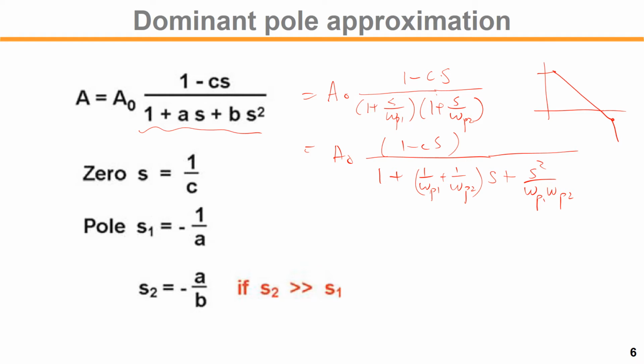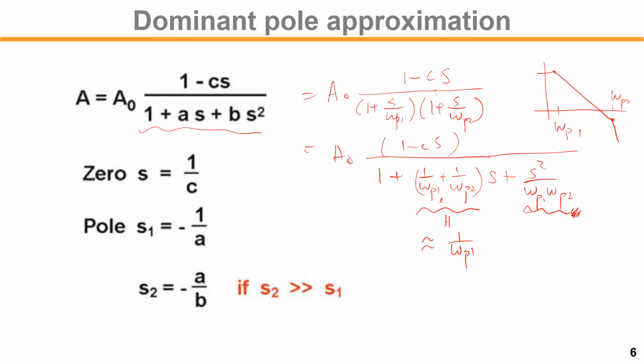If omega p1 is so small, then the first order coefficient is approximately 1 over omega p1, because the dominant pole is a lot smaller than omega p2.